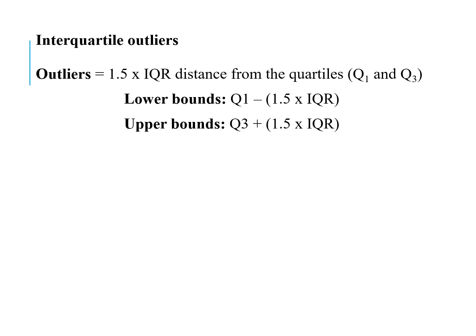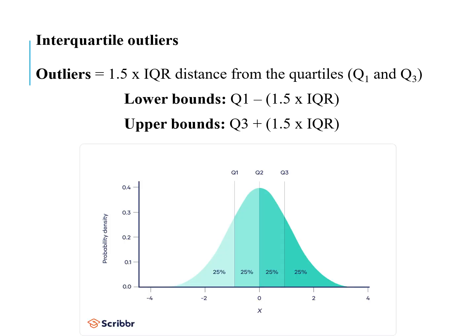To give you a visualization of this, if we took that distribution with the quartiles shown earlier, the interquartile range is a range of this middle area. The outliers are those outside of this, closer to the tail ends of the distribution. Because we are looking at two separate sides of the distribution, we are going to have two slightly different equations for identifying outliers.